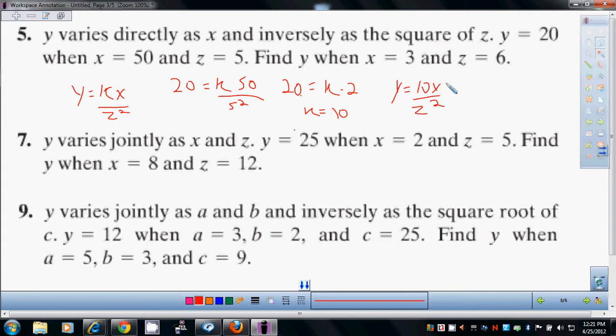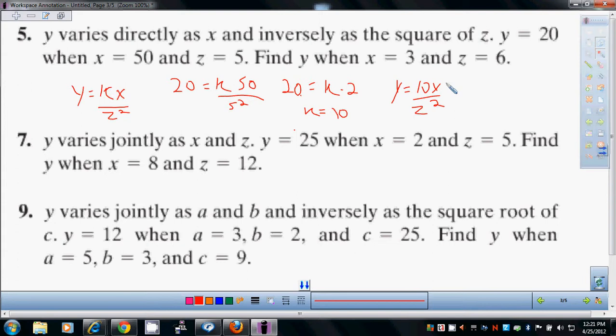Every one of them today is going to be a two-part problem. Solve for k, and then use k to solve for your phantom variable. I'll get to that in just a second. It's actually even easier than all you did.